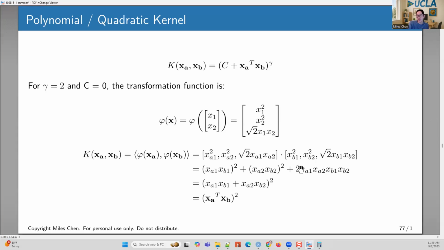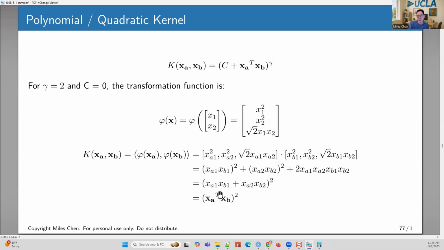And this is equivalent to taking the product of xa transpose xb, which would give you xa1 xb1 and xa2 xb2, and then taking this whole thing and squaring it, right? So if you take this plus this quantity squared, you just get, through algebra, this big thing, right?